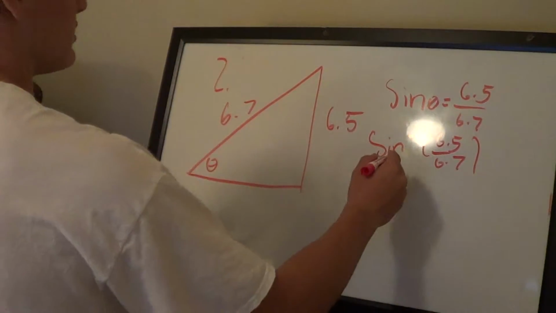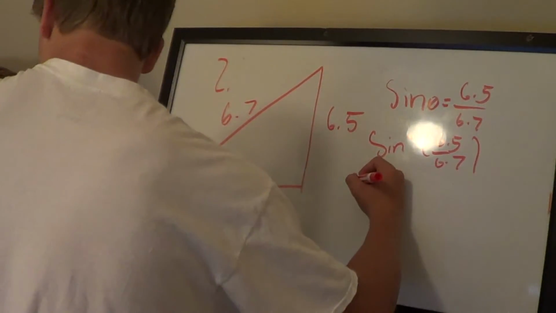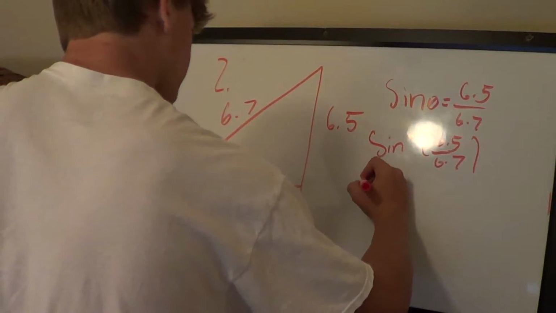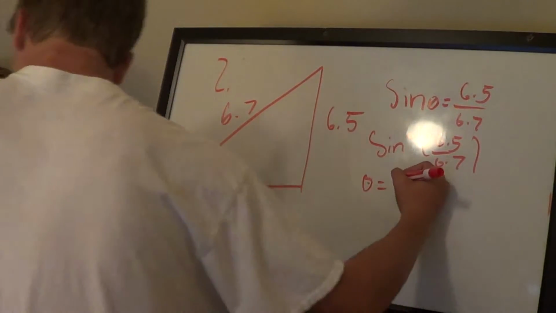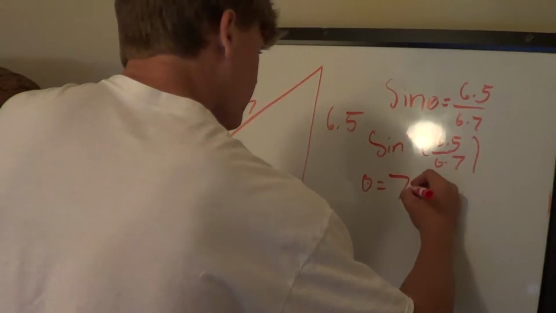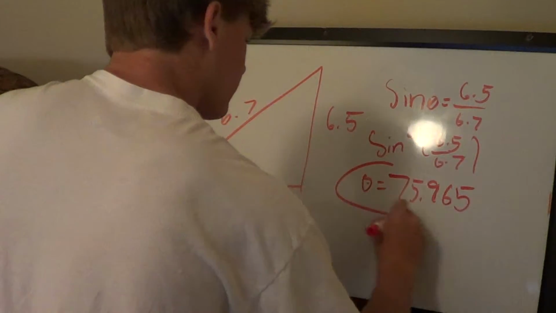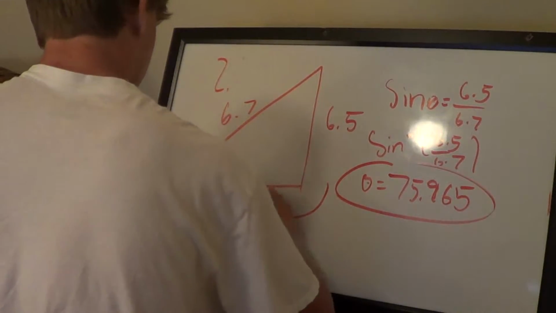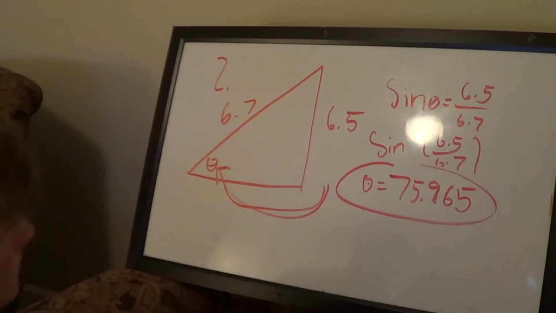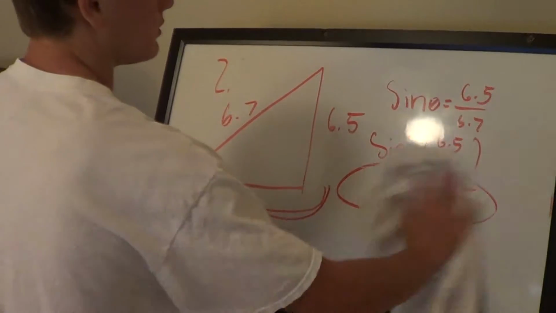And when you enter this into the calculator, it comes out to be theta equals 75.965. And that is the angle, which is the answer. Alright.